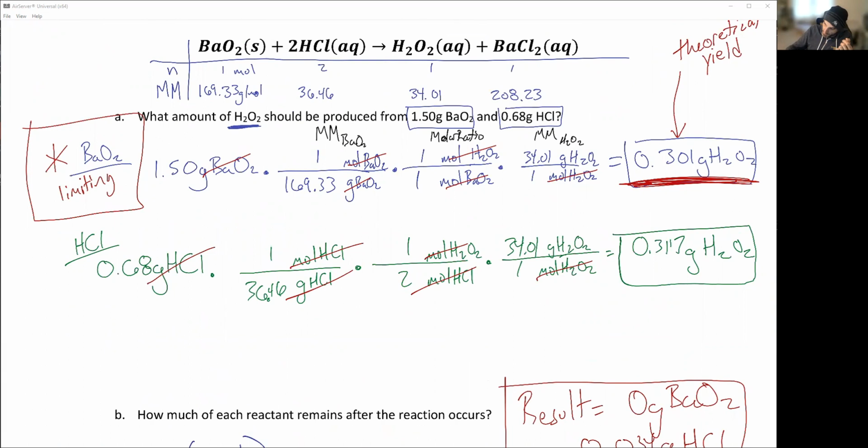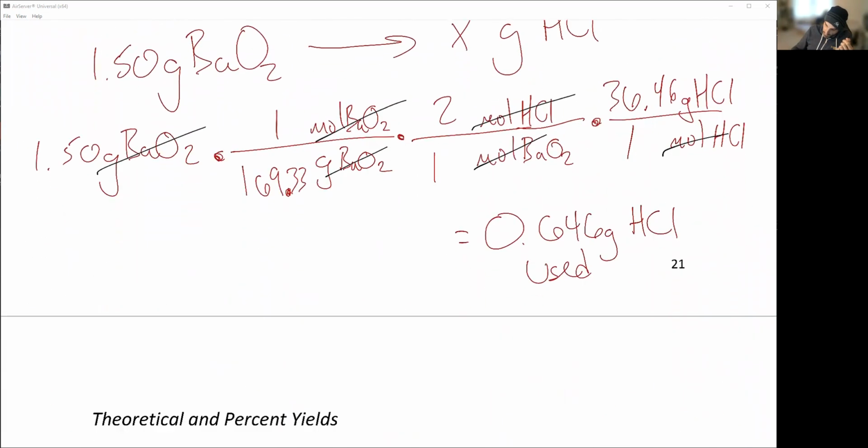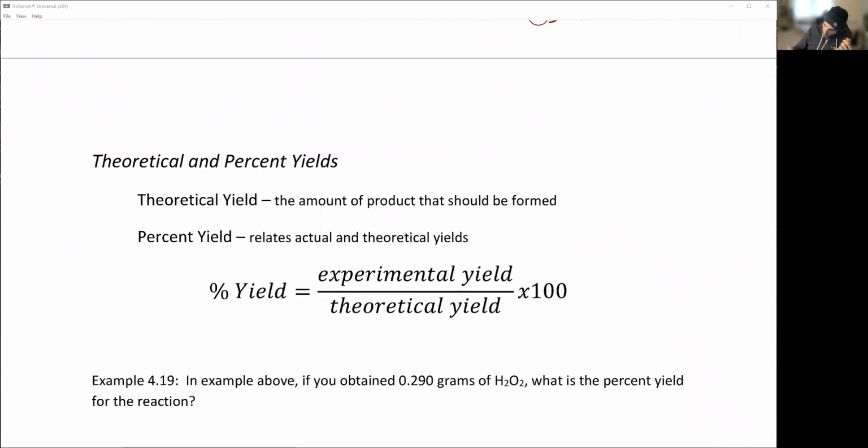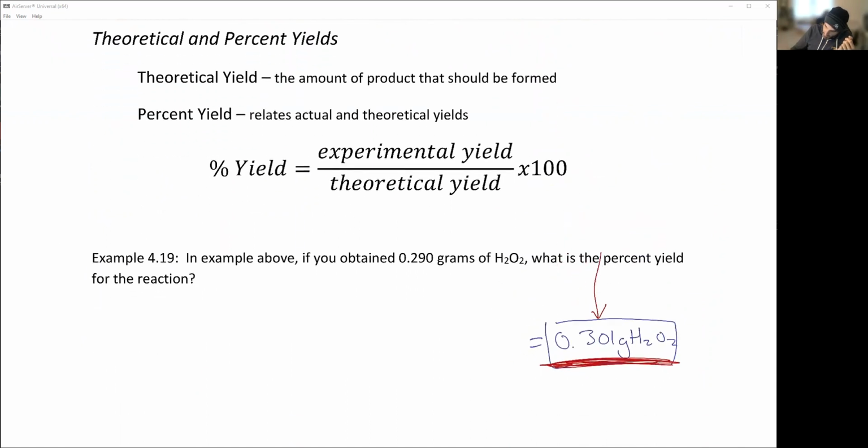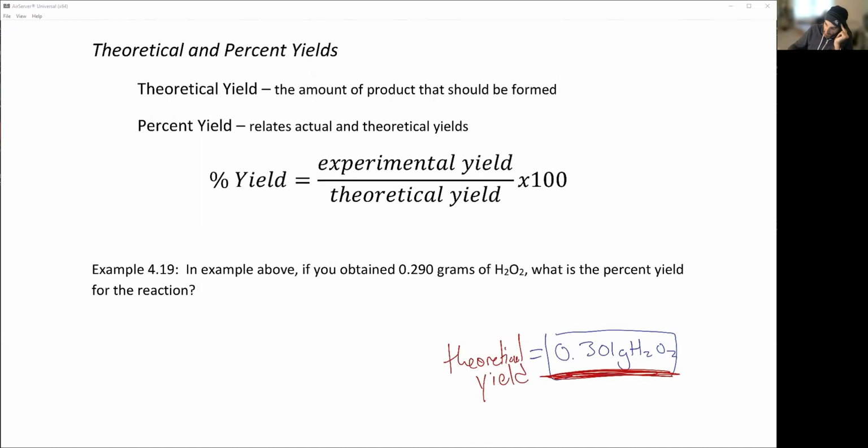Theoretically, we should end up with this much. So theoretically, we should end up with a yield of 0.301 grams. But again, life is not perfect. So the actual yield in most cases is typically much lower.